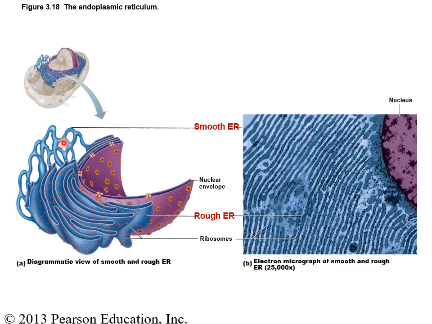And you'll find cells like in the testes that make testosterone have a lot of smooth endoplasmic reticulum in interstitial cells because that particular lipid, testosterone, is made there. And the liver has a lot of smooth endoplasmic reticulum that operates in detoxification processes.